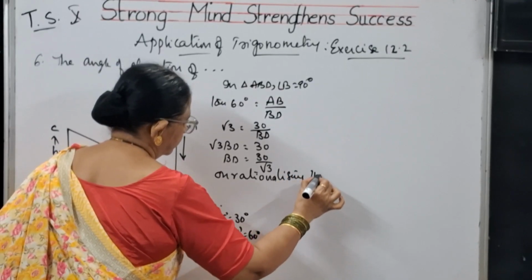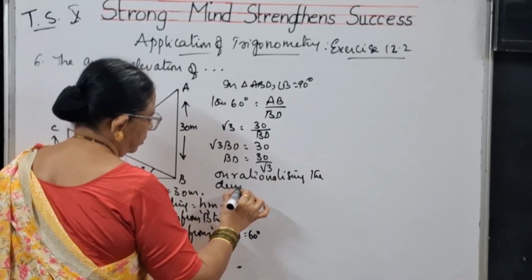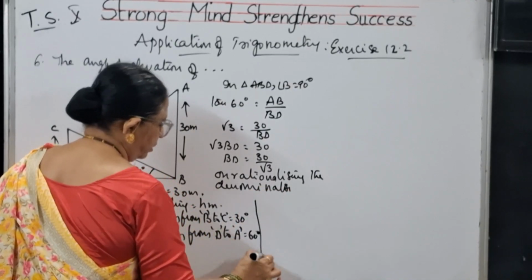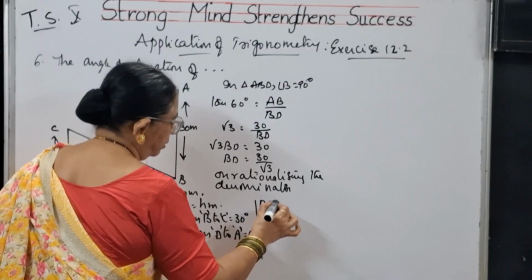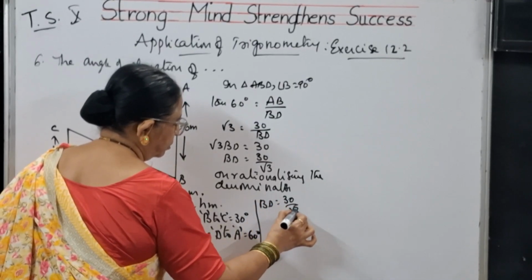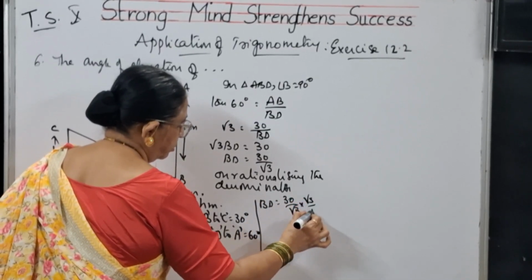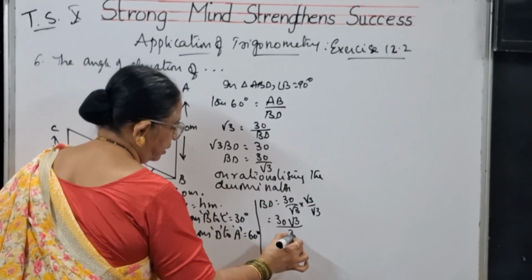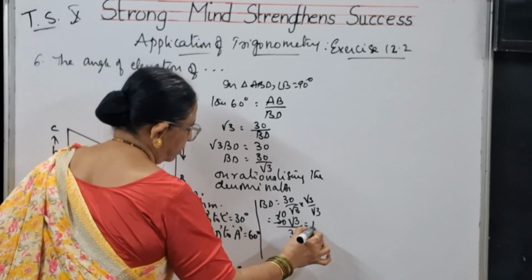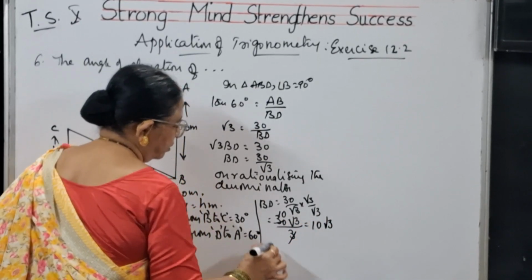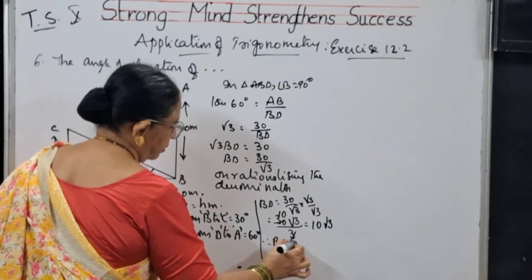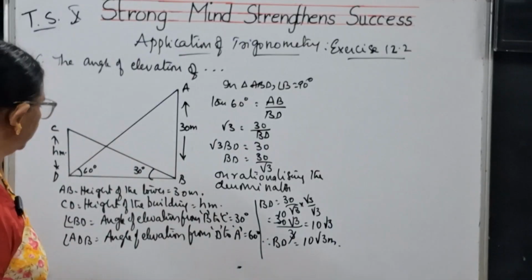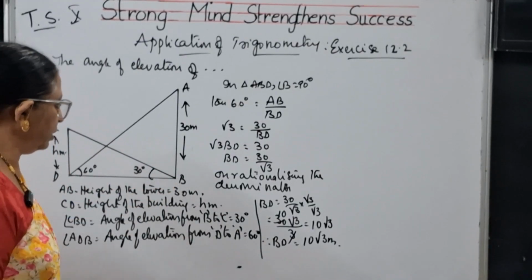On rationalizing the denominator, BD is equal to 30 by root 3 into root 3 by root 3. That is equal to 30 root 3 by 3. 3 tens are 30. So BD is 10 root 3 meters. We have got BD measure 10 root 3 meters.